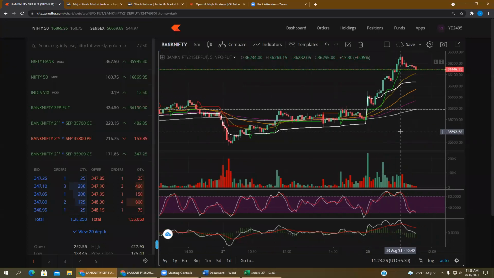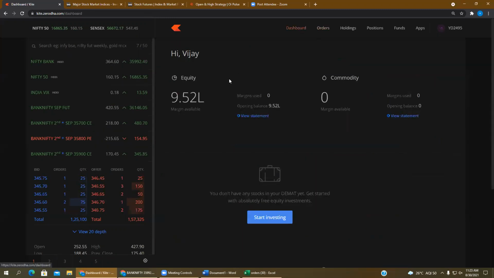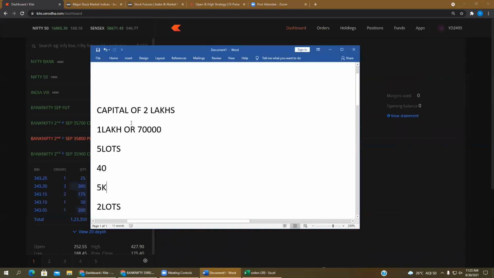Why I choose 40 points is because my target is 1 lakh per day. So this is how I have set my goals. Let's say I have 9.5 lakhs capital in my account. I try to take 2,500 quantity with a strike price of 250, 300.